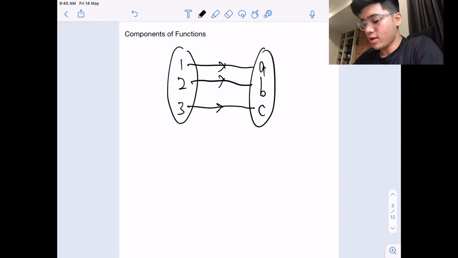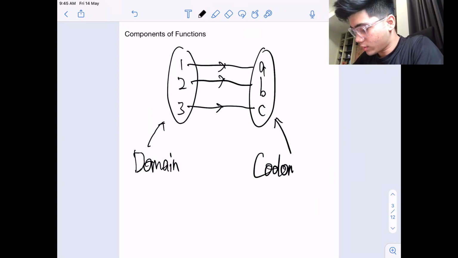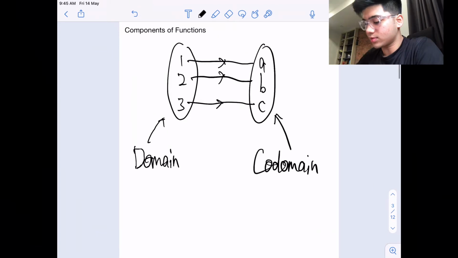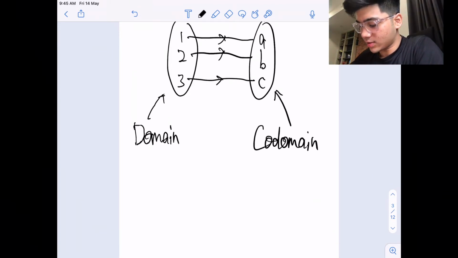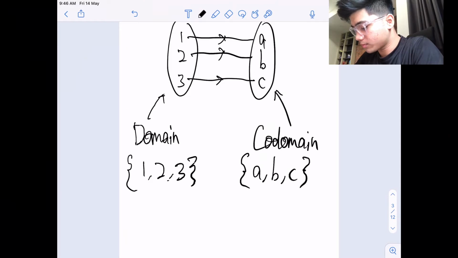For example, this oval on the left is called the domain, whereas this oval on the right is called the codomain. Sometimes the question may ask you to write them, and in this case the domain would be set notation 1, 2, 3. But the codomain, same thing, set notation but whatever is on the right, A, B, C.